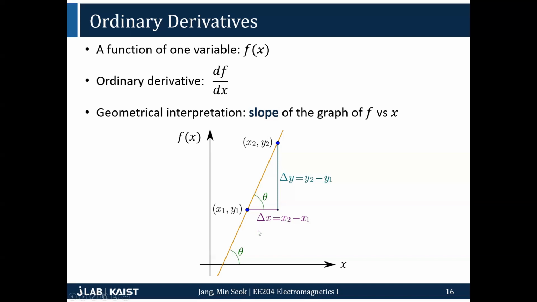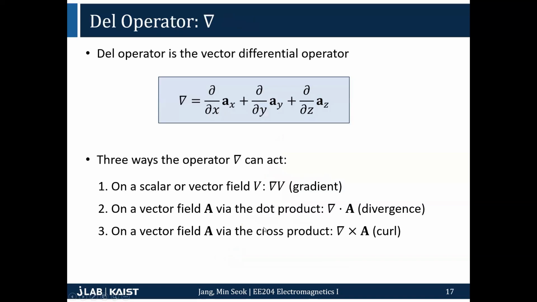So the question is, what if we go to a multidimensional scalar function? Before then, I have to say this. If you have a multidimensional space, then we can define the del operator. The del operator is a vector differential operator defined like this: partial x, ax, plus partial y, ay, plus partial z, az.